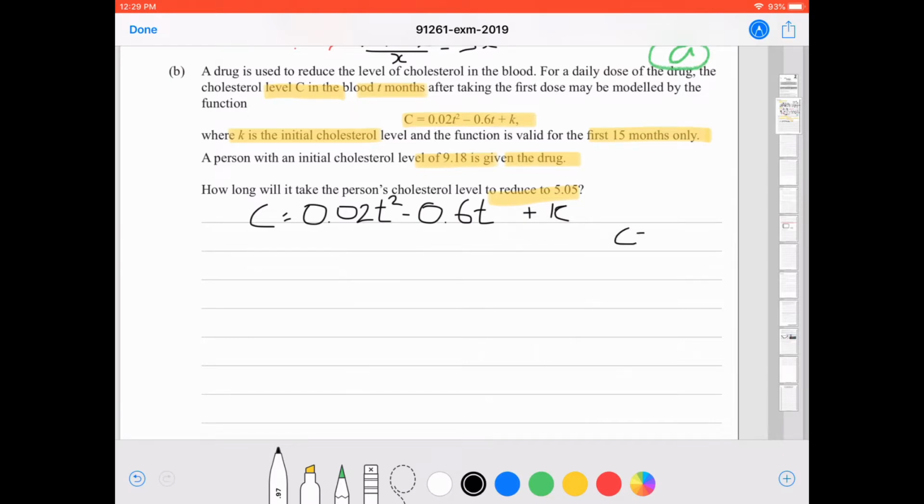Well, C is the cholesterol level. T is T months, so that's basically time in months.